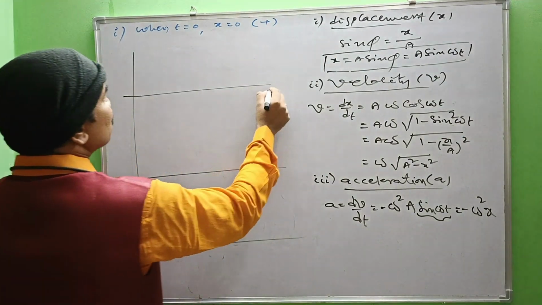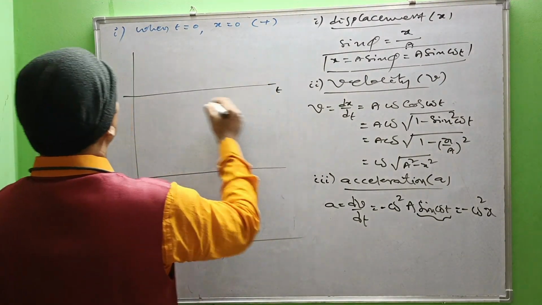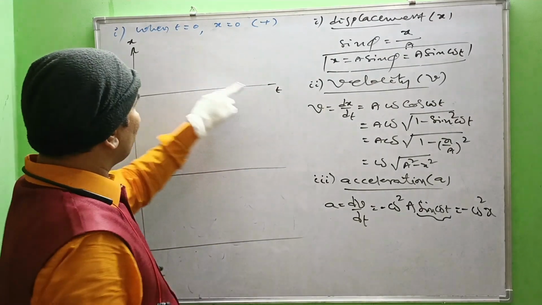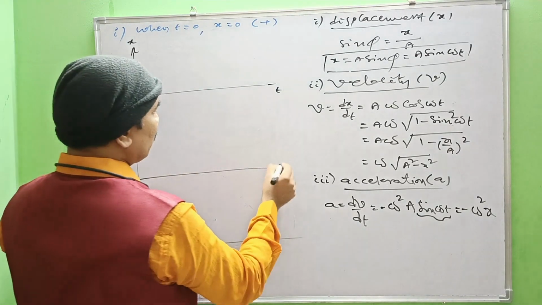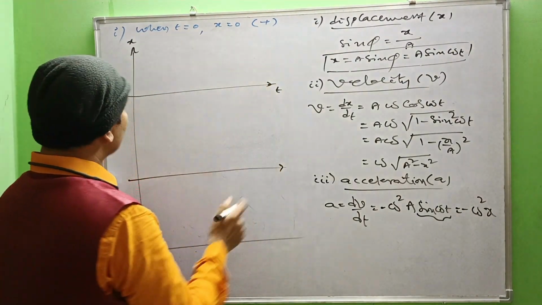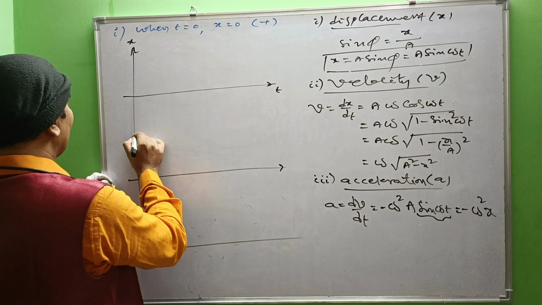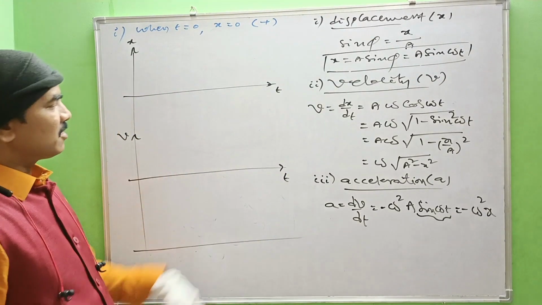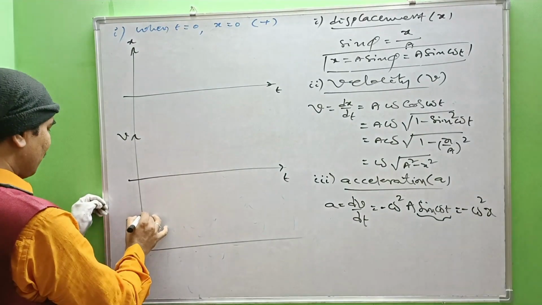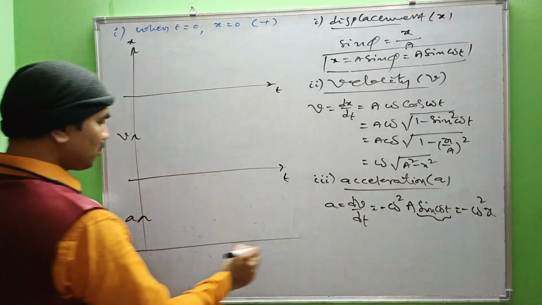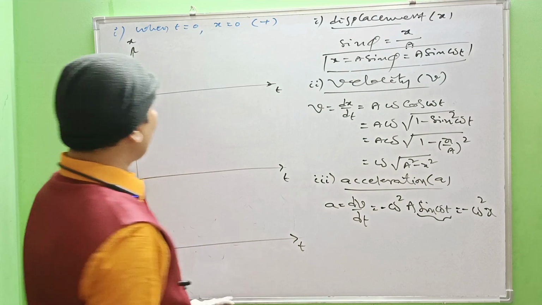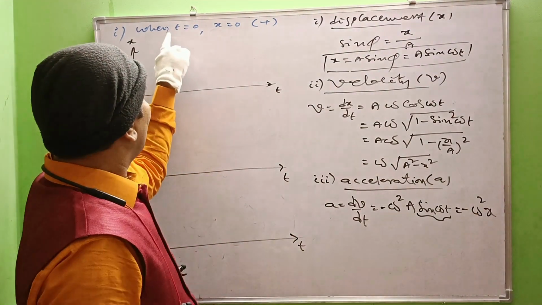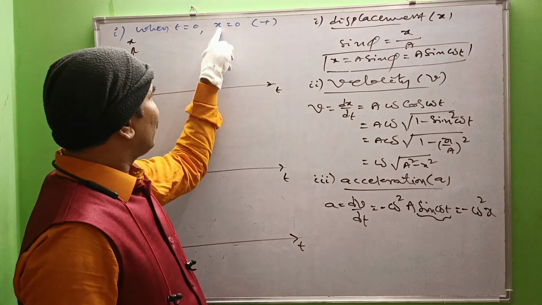This is time along the x-axis, and position x along the y-axis, so displacement versus time. Next, velocity versus time. Next, acceleration versus time. Like this.